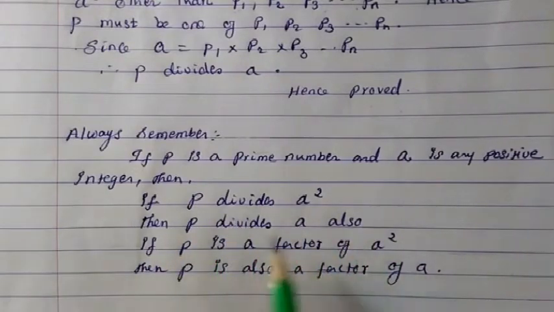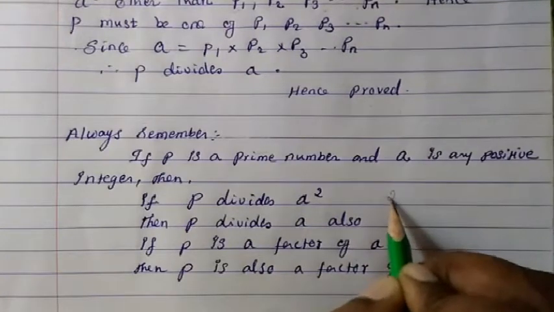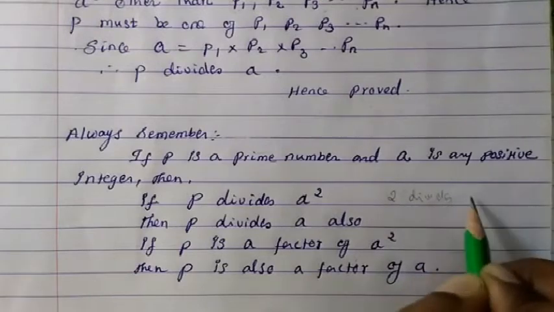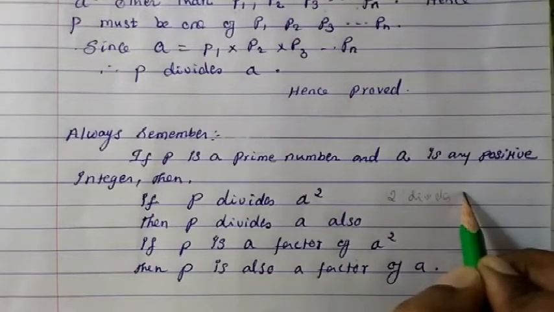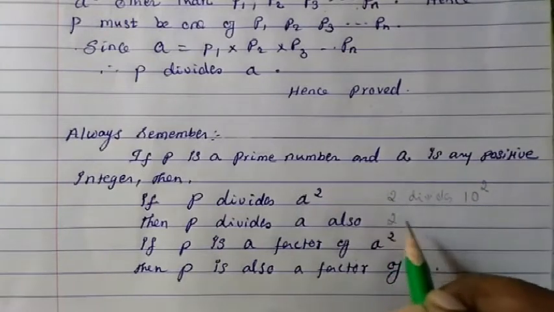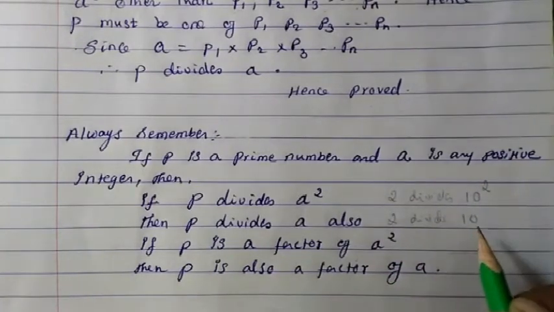I'll just explain it in an easy way. If we say that 2 divides 10 square, then 2 also will divide 10, right?